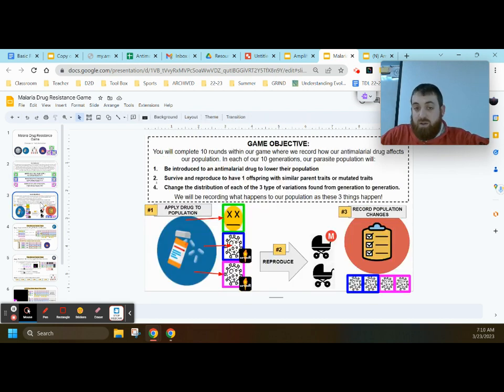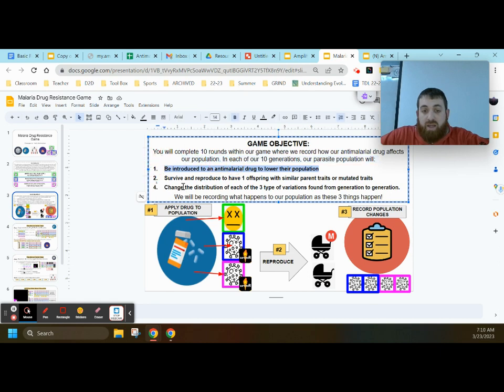So here's the game objective. You're going to complete 10 rounds within our game where you record how the anti-malaria drug affects our parasite population. In each of our 10 generations, the population will be, number one, introduced to the anti-malaria drug to help lower their population.